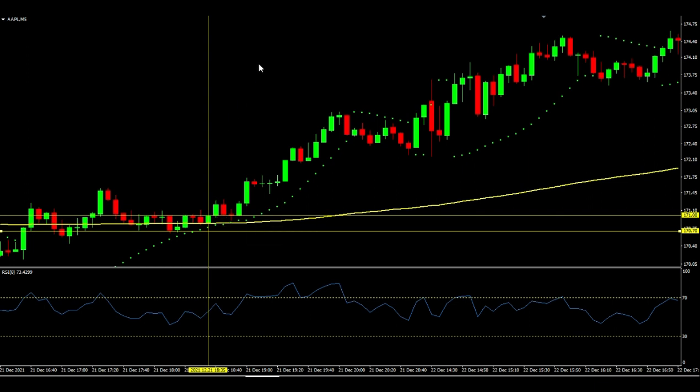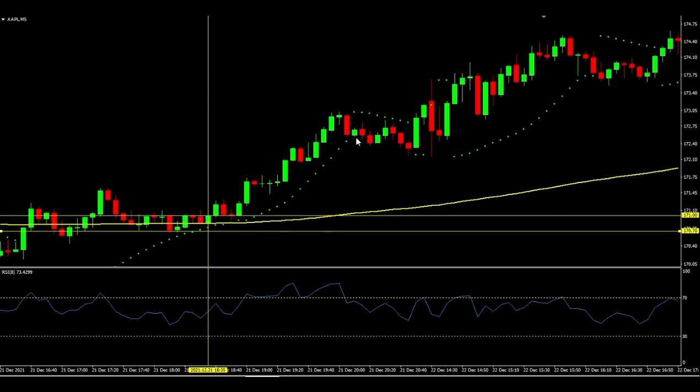Now where are we going to take our profit? We will continue and wait until we see the next parabolic SAR above the candle. At the moment they are all below the candles, and here this candle produces the parabolic SAR on the top.